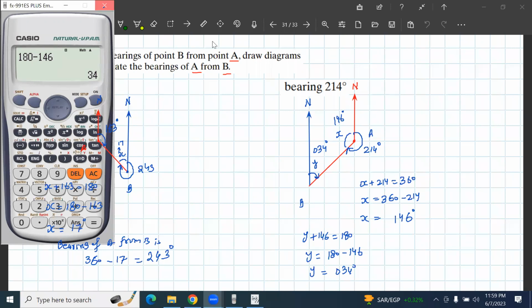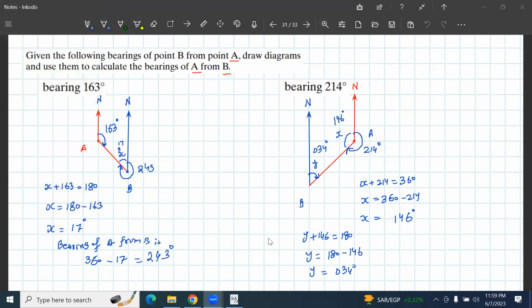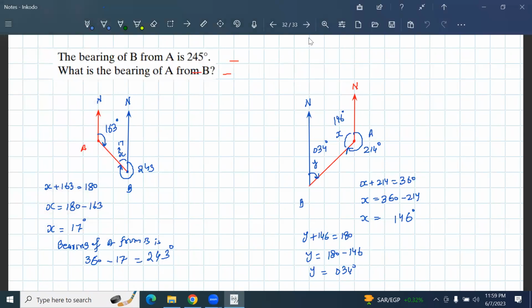We can try one more. The bearing of B from A is 245. What is the bearing of A from B? So let's suppose we have one point here and we draw one north straight up.